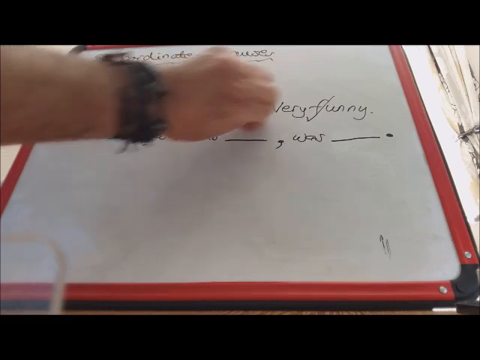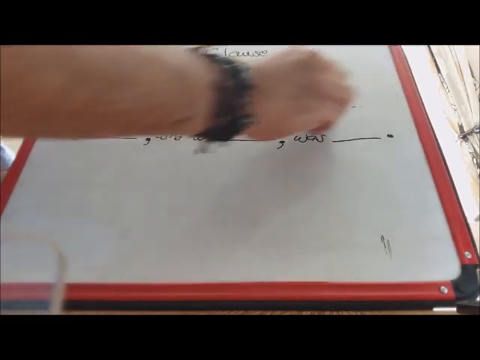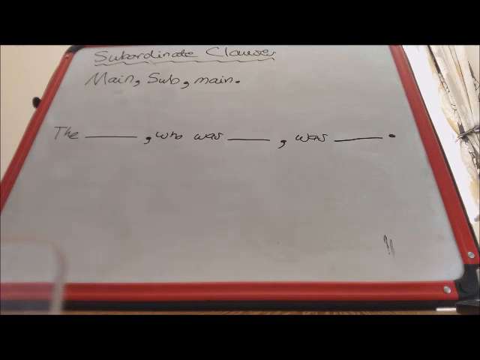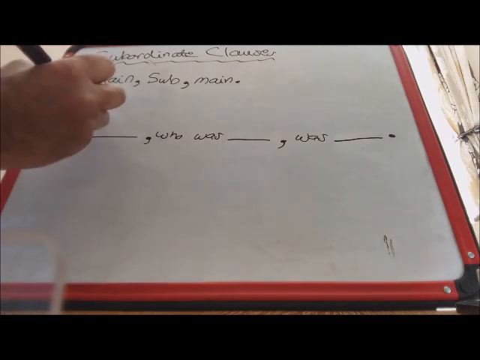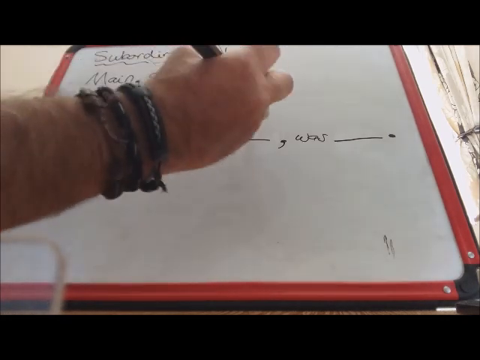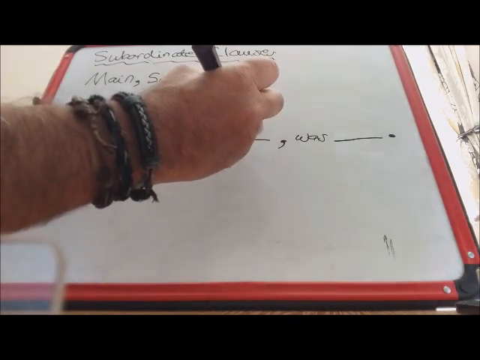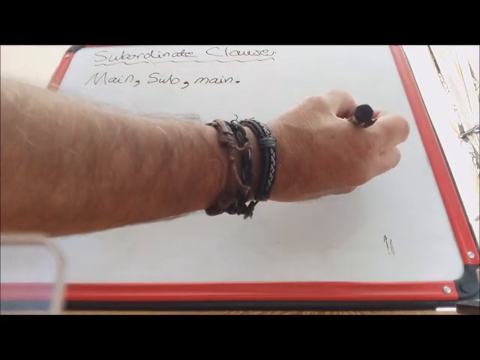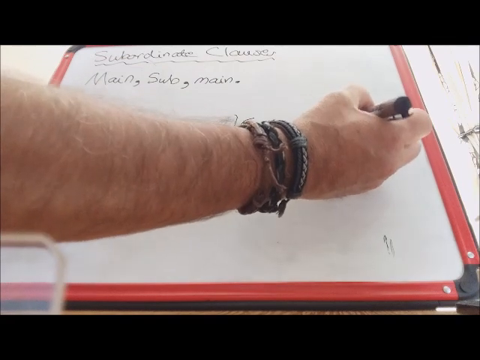So whatever we're saying, if we're describing somebody, they would probably fit in. So for example, we could say the boy who was 16 was clever.